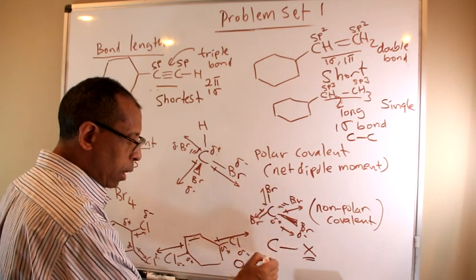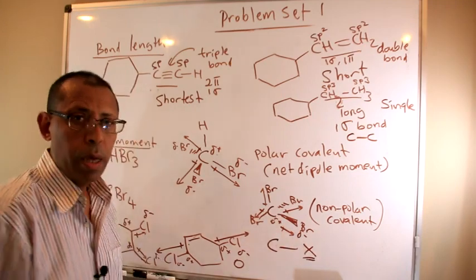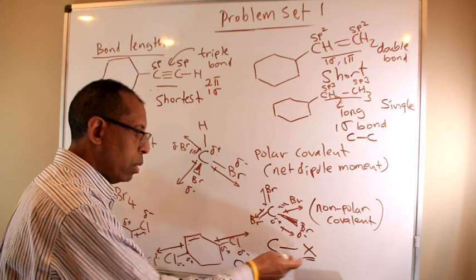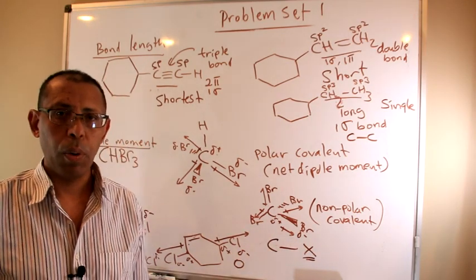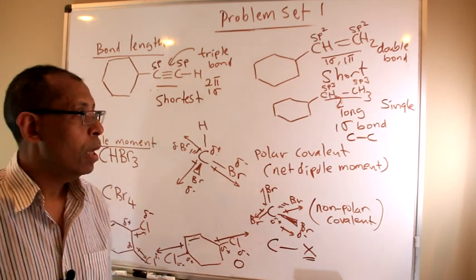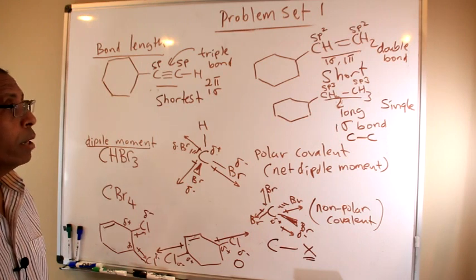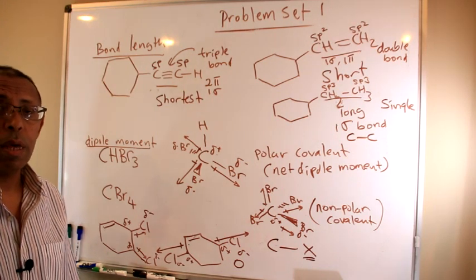Usually carbon stays as a positive, but whatever heteroatom you have would carry a negative charge. If there is a large difference between these two on the electronegativity scale, that bond is a polar covalent bond. So we just finished a review of problem set 1, and we'll continue in the next problem set next time.